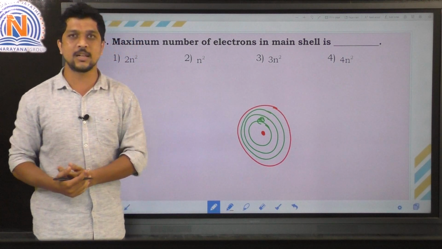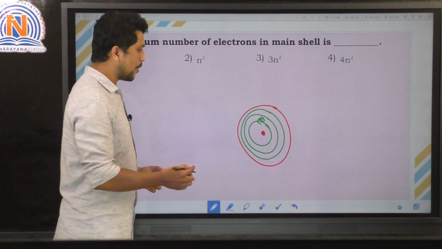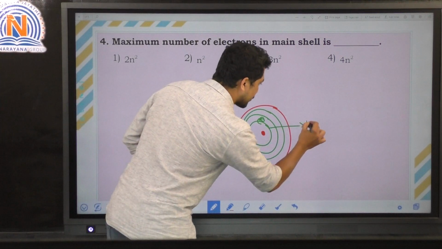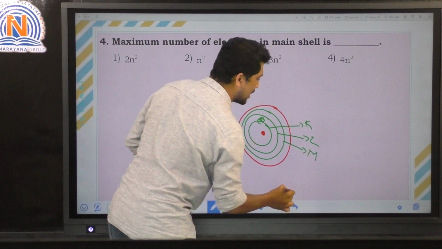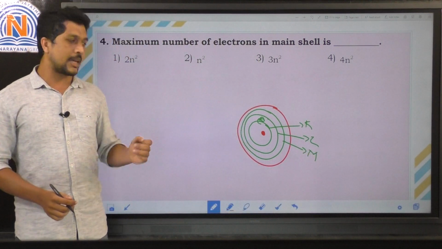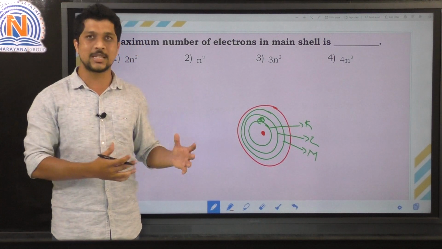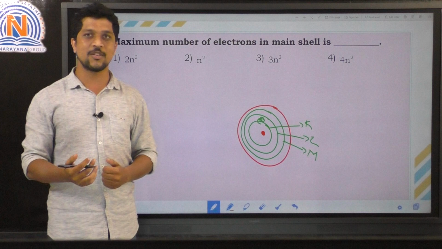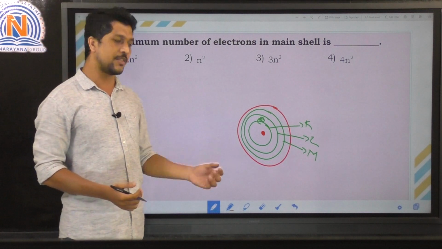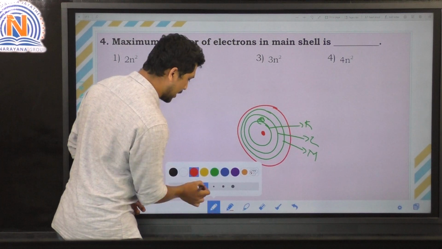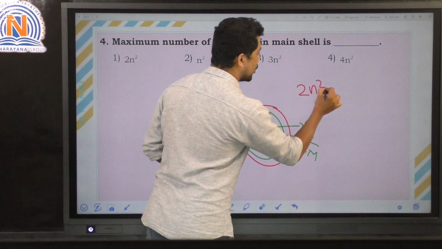So how can we find how many electrons are present in a particular shell? This is the K shell, this is L shell, and this is M shell. Each shell is represented with a capital letter, right? There is a formula to calculate the number of electrons present in different shells. That formula is 2n square.